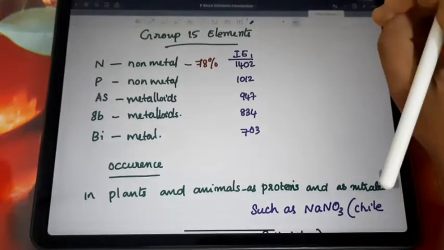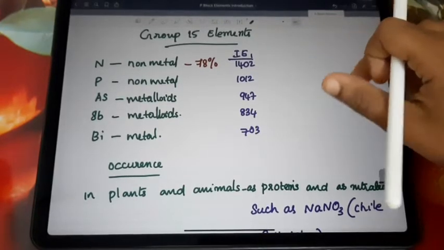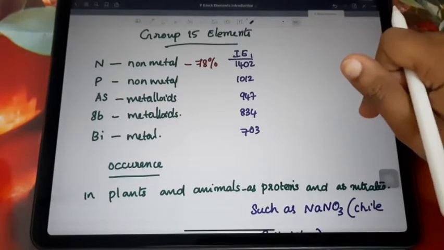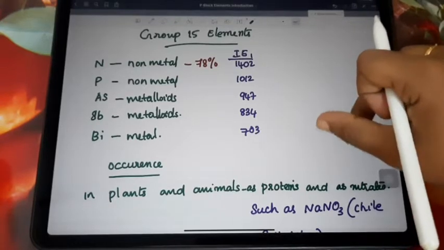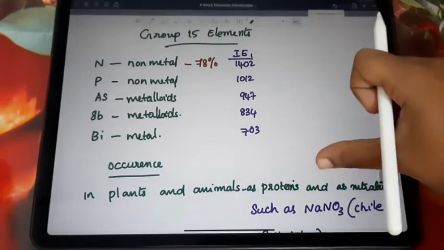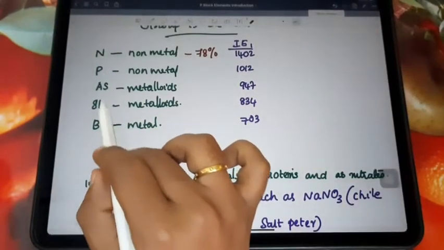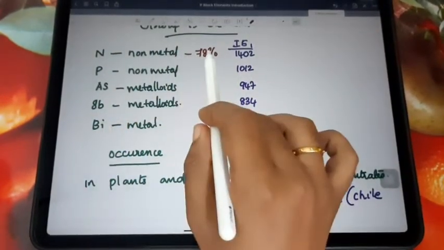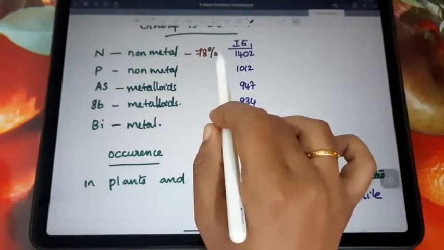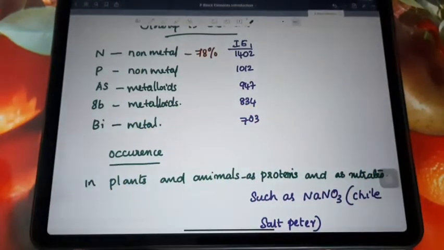Next, the occurrence of these group 15 elements in the p block. In the case of plants and animals, you know nitrogen, phosphorus, arsenic, antimony, bismuth occur. About 78% of the earth's crust is filled with nitrogen.